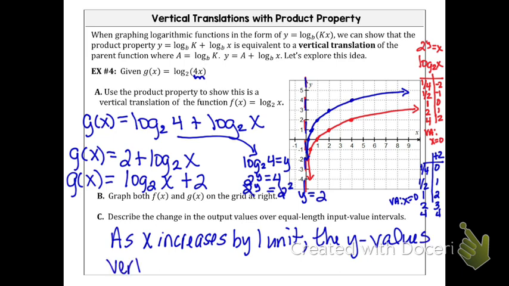I'm going to put vertically shift up 2 units. All right, and that is the end of lesson 12A.